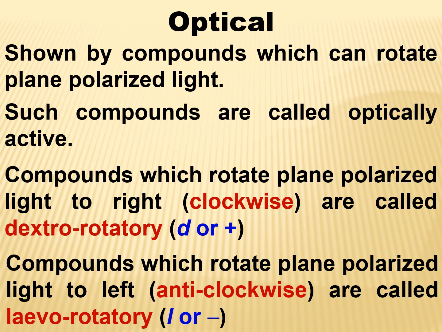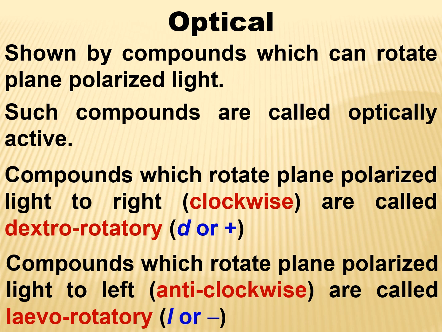There are two types of optically active compounds, dextrorotatory and levorotatory. If the plane polarized light is rotated clockwise, that compound is called dextrorotatory, represented by the symbol small d or a plus sign.